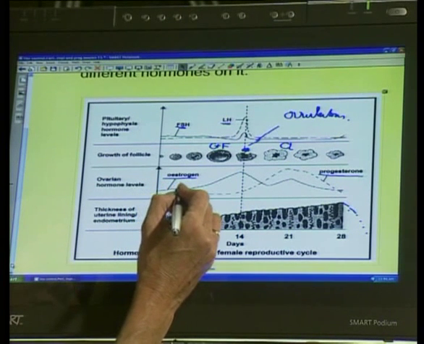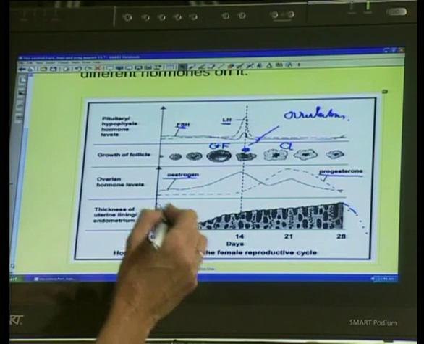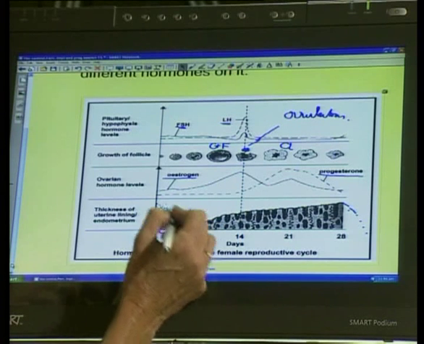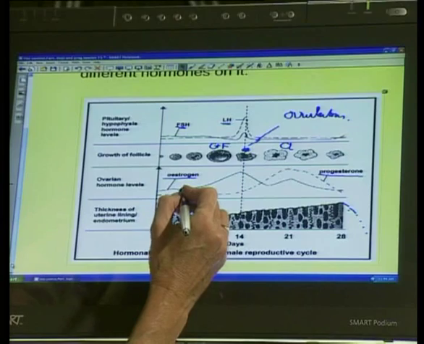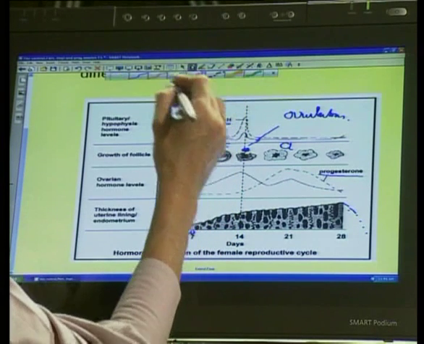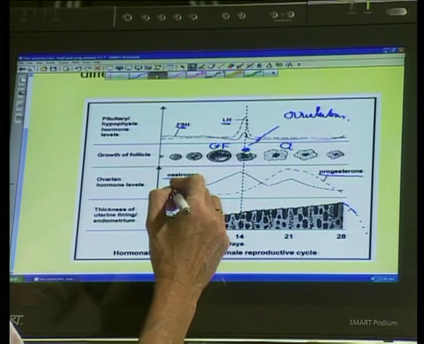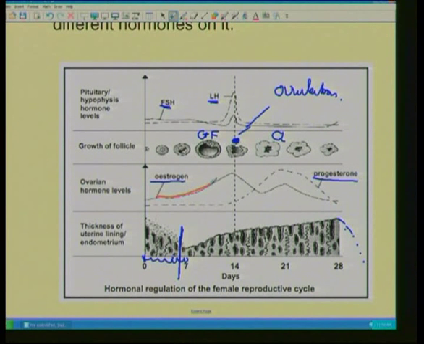The level of estrogen is very low during day 1 to 5. Why? Because menstruation takes place. Now, as the estrogen level starts to increase, so the lining of the endometrium increases in thickness.